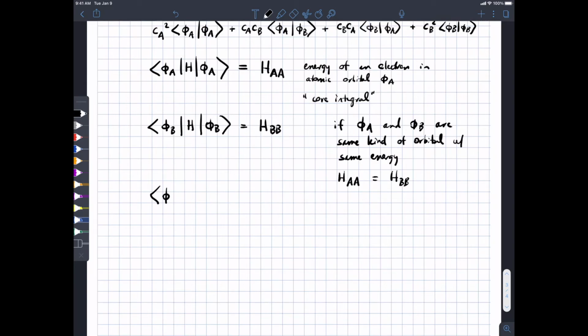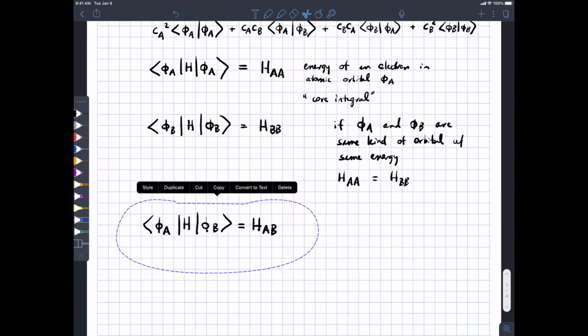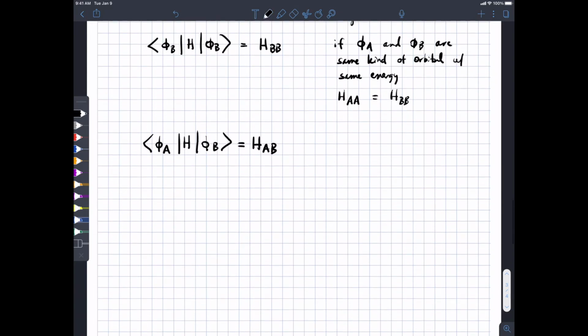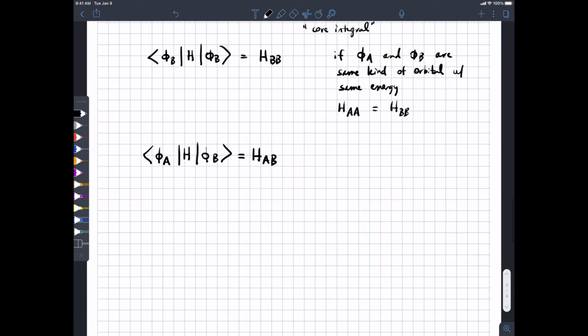Okay. So Hamiltonian applied to phi B, multiplied by phi A, and integrated over all space. We're going to call that HAB. And this is going to be what's called a resonance integral.